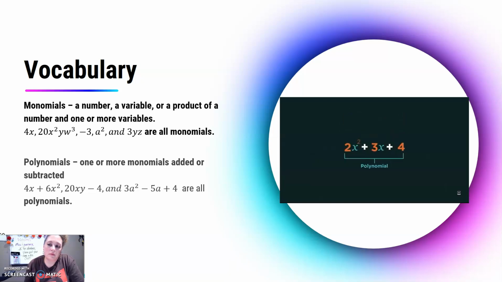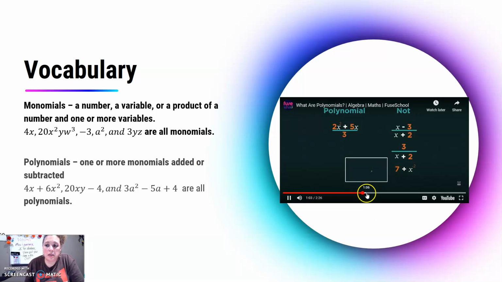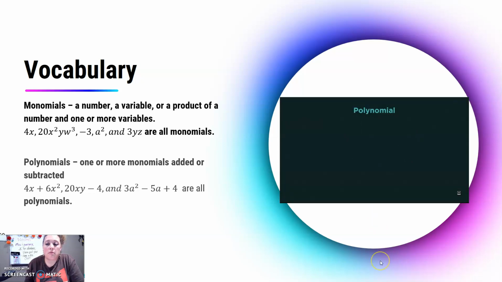A polynomial can have constants, variables, coefficients, and exponents that are 0 or higher. Polynomials can never be divided by a variable. This isn't a polynomial because the exponent is negative. Polynomials can only have positive exponents. So polynomial is a general name. We can divide this down into monomials, binomials, trinomials, and many others.